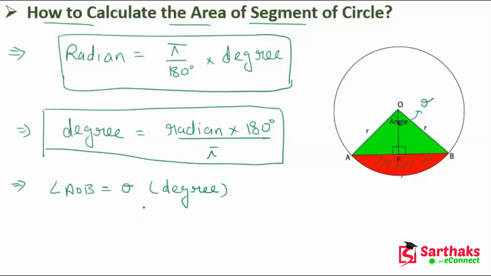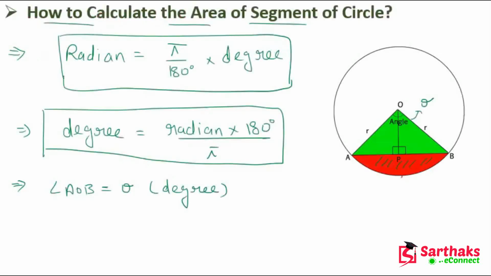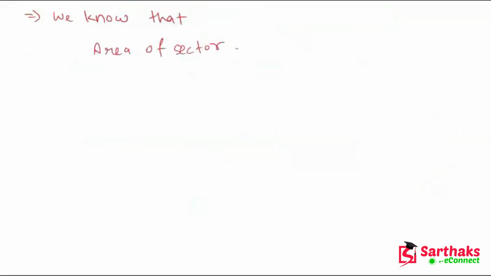Now we know the area of the sector. Let's suppose this point is C. The area of sector OACB, we know the formula, is equal to theta upon 360 degree into pi r square, where we have radius r.